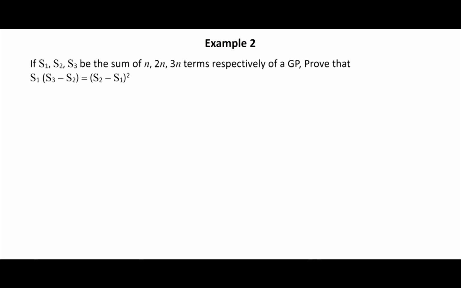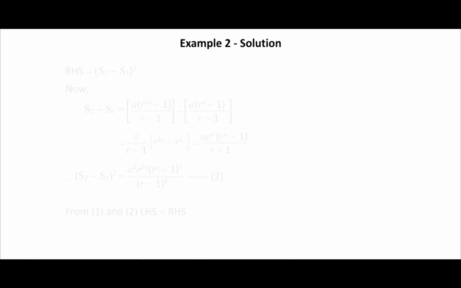If S1, S2, S3 be the sum of n, 2n, 3n terms respectively of a GP, prove that S1 into (S3 minus S2) is equal to (S2 minus S1) the whole square. Click on the solution button to view it.